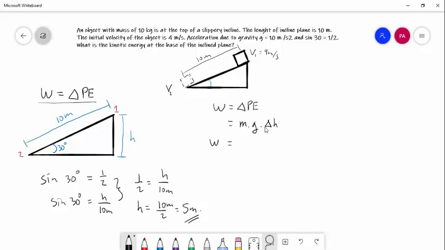So basically the work is 10 kilograms times 10 meters per second squared times 5 equals 500 joules.